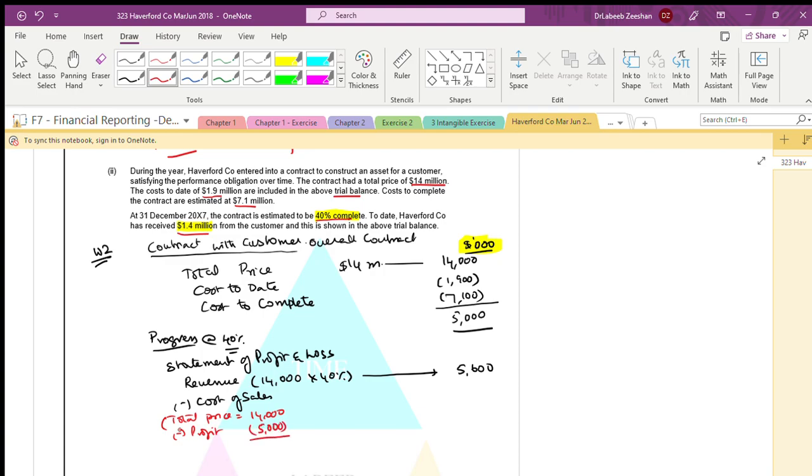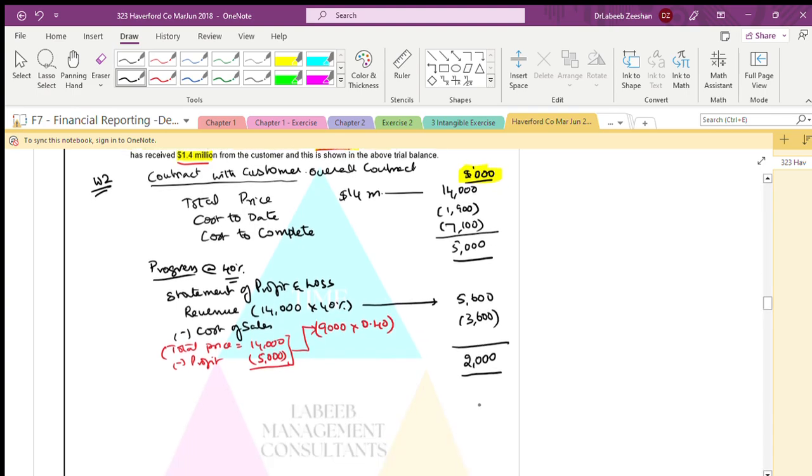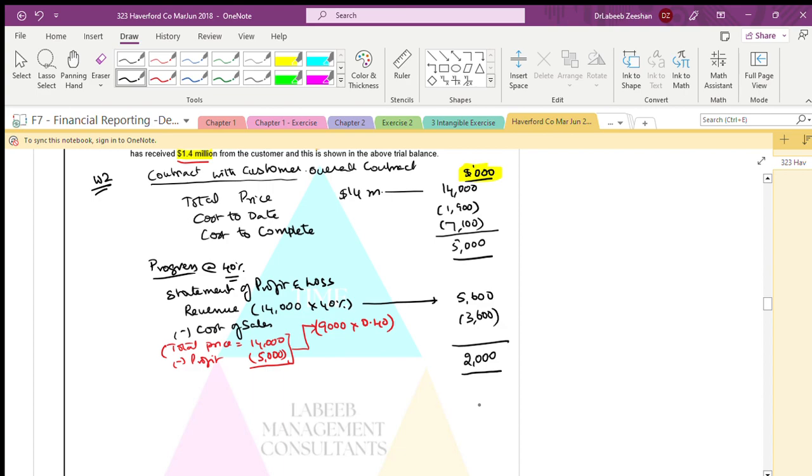If we take that into consideration, the cost comes to 9,000 times 40%. How much will come? It will come to 3,600. This is as simple as that. Profit to date as such.